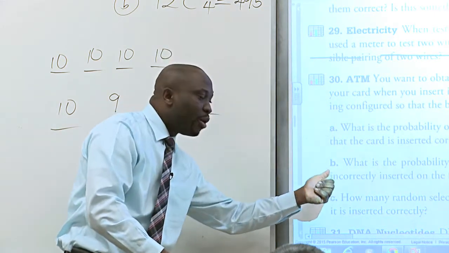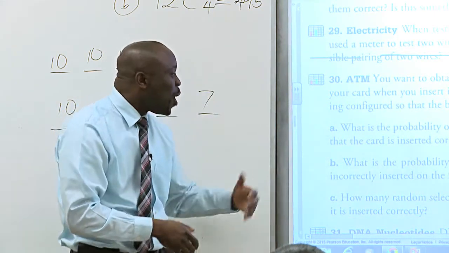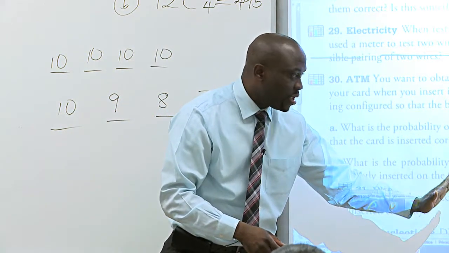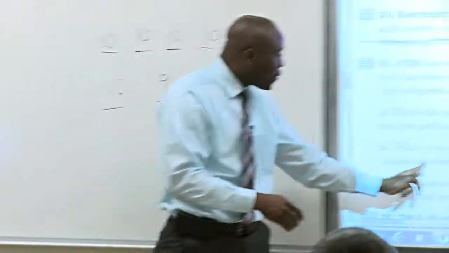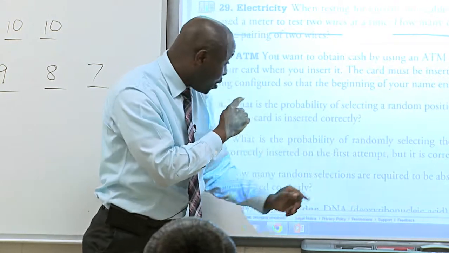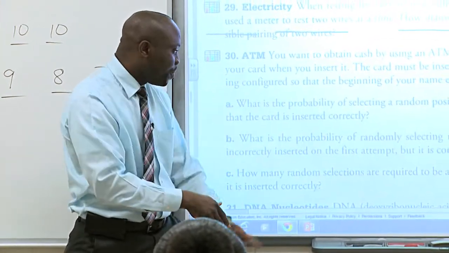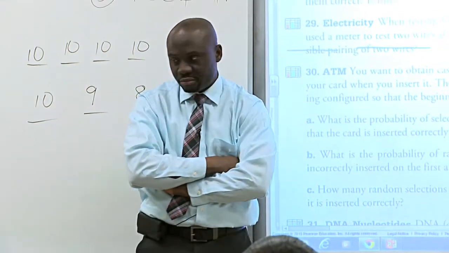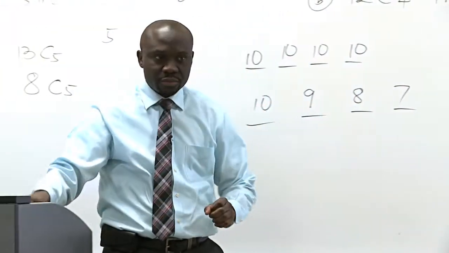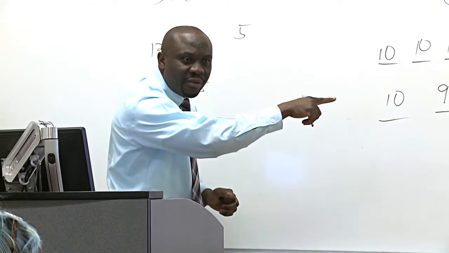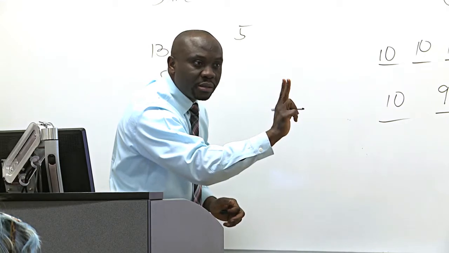Beautiful. Number 2. What is the probability of randomly selecting the card's position and finding that it is incorrectly inserted on the first attempt, but correctly inserted on the second attempt? How many times did the guy try it? Twice.